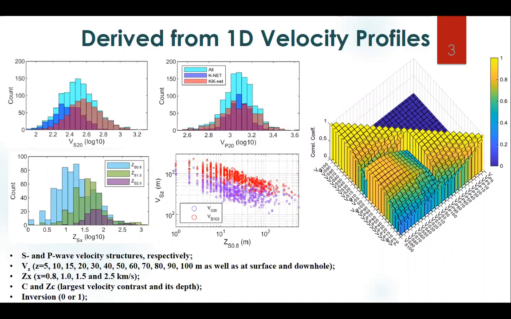Secondly, depths to different velocity horizons, including 0.8, 1.0, 1.5, and 2.5 km per second. Thirdly, the largest velocity contrast present in the velocity profile and its corresponding depths. We also provide information on velocity contrast that is present in a given velocity profile.